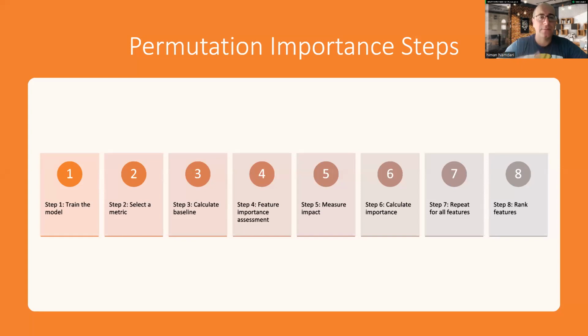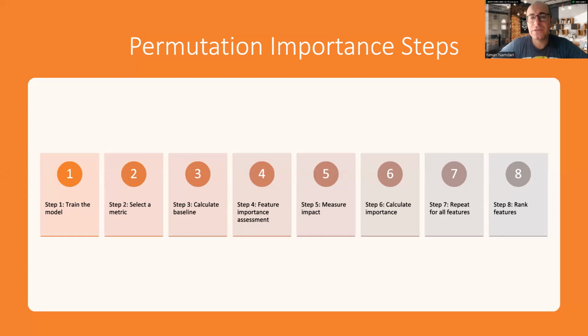There are some steps to process the permutation importance, and we're going to go over them one by one in more detail, but overall we have almost 7 steps, and the eighth step is going to give us the ranked features. Step 1 will be training a model. For the evaluation process, we need the metrics and we need to calculate a baseline model.